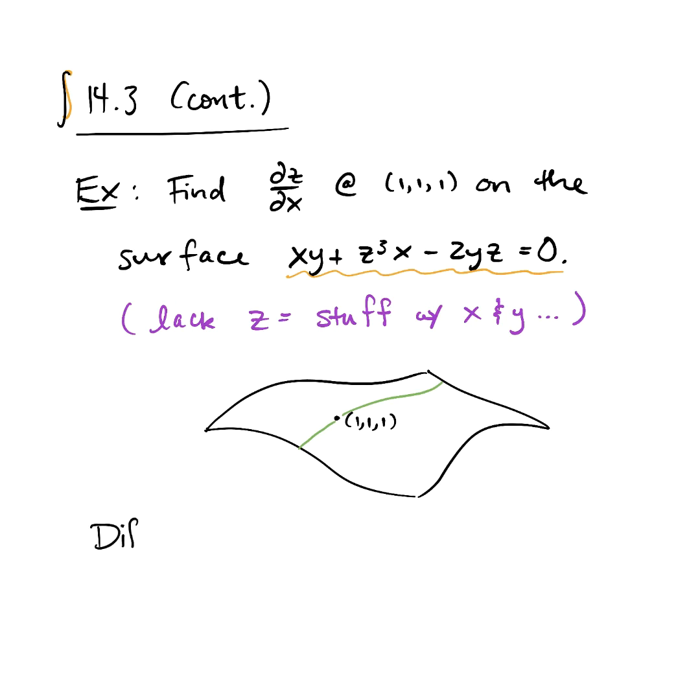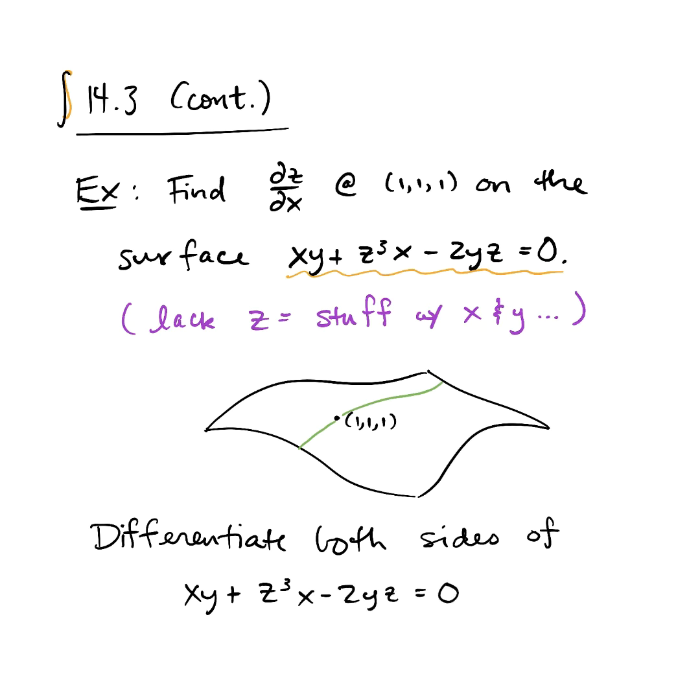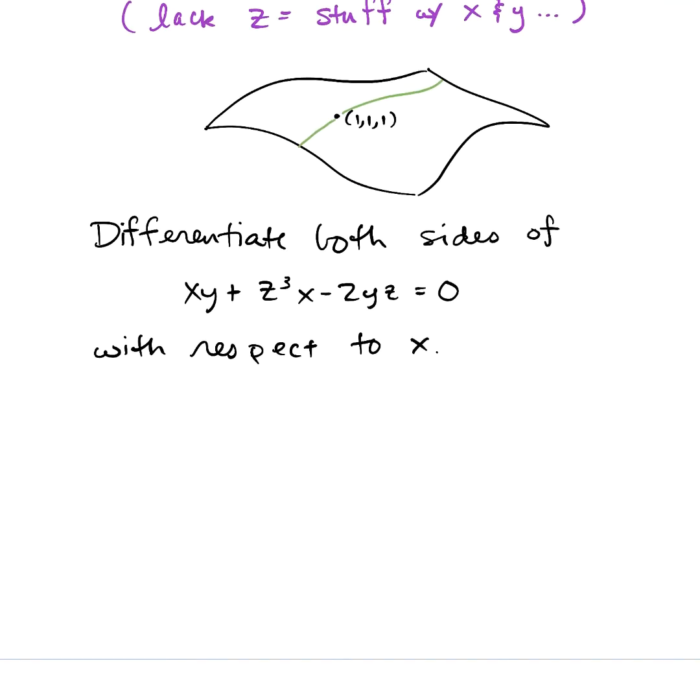We're going to differentiate both sides of xy plus z cubed x take away 2yz equals 0 with respect to x. We're doing the x derivative of both sides of that expression.